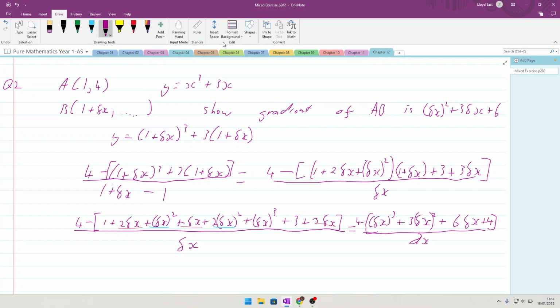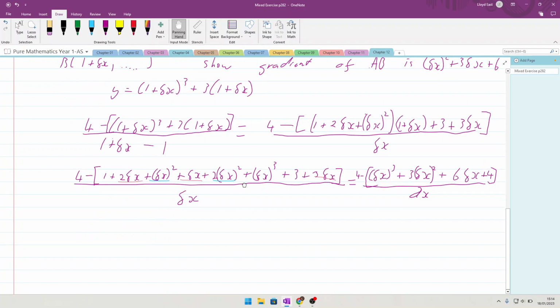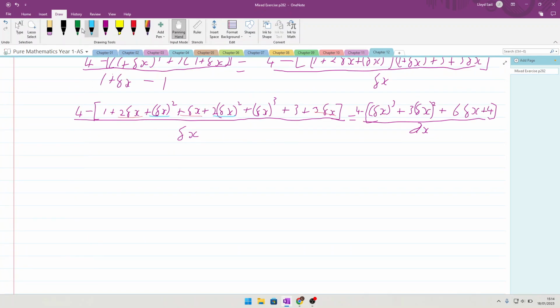Okay, so the minus on the outside here gives us a minus change, so that becomes a minus, that's a minus, that's a minus, and that's a minus, meaning that the 4 on the inside and the 4 on the outside now cancel.